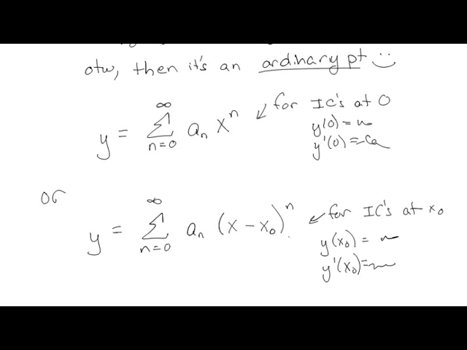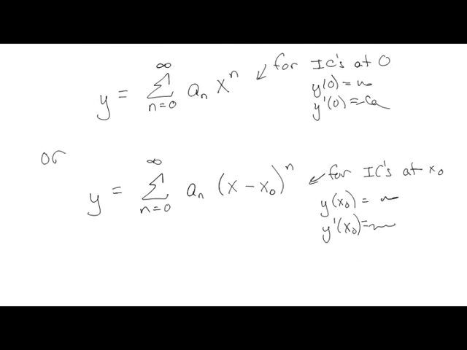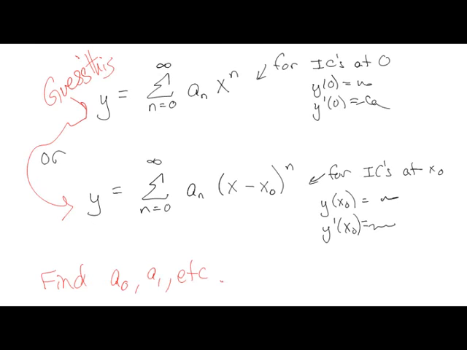If you have a 0 initial condition, you want to just guess x by itself. But aside from that, you just take derivatives, plug it in, and the whole goal is to find your constants, a1, etc. So you just want to find the constants or a formula for those constants, which is usually what ends up happening. So that's nice.